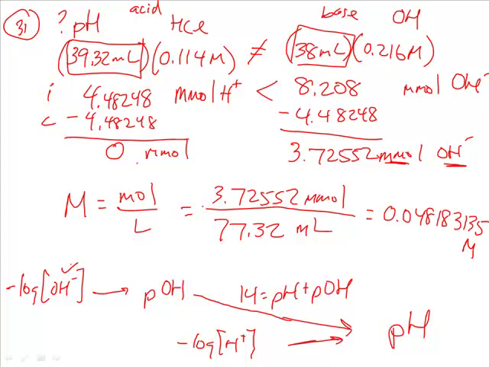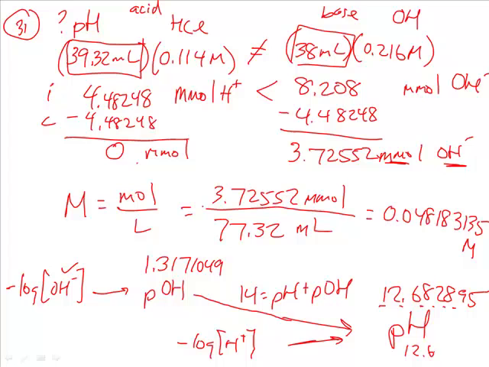And then we just take the negative log of that, and this gives us a pOH value for this data of 1.3171049, and then we do 14 minus that, and that should give us a pH value of about 12.682895, and that's 1, 2, 3, 4, 5, 6.